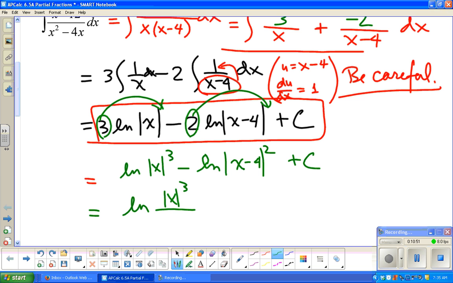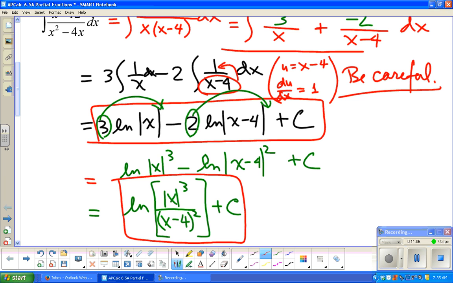And the absolute value bars in the bottom really aren't necessary because you're squaring. All right, so I'm okay with the first one I boxed. I'm okay with this one. I'm even okay with the one in between. Okay? Partial fractions. Let's do another example.